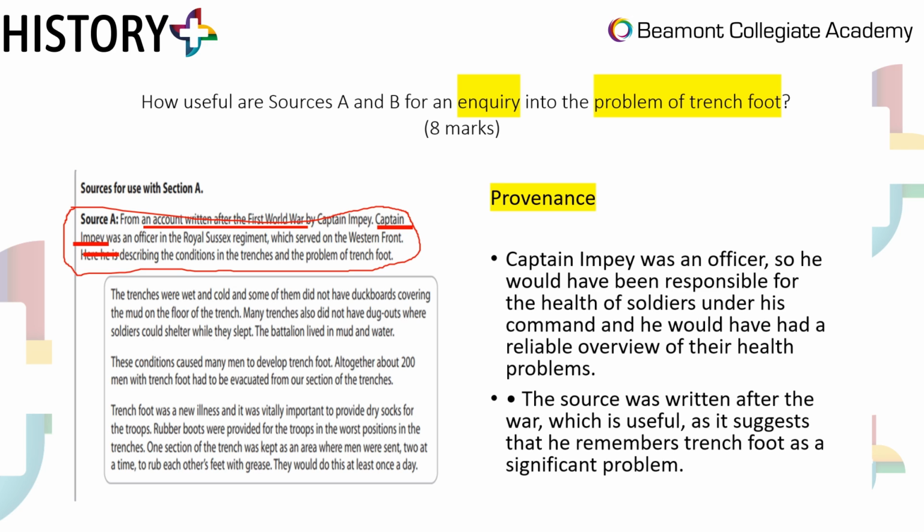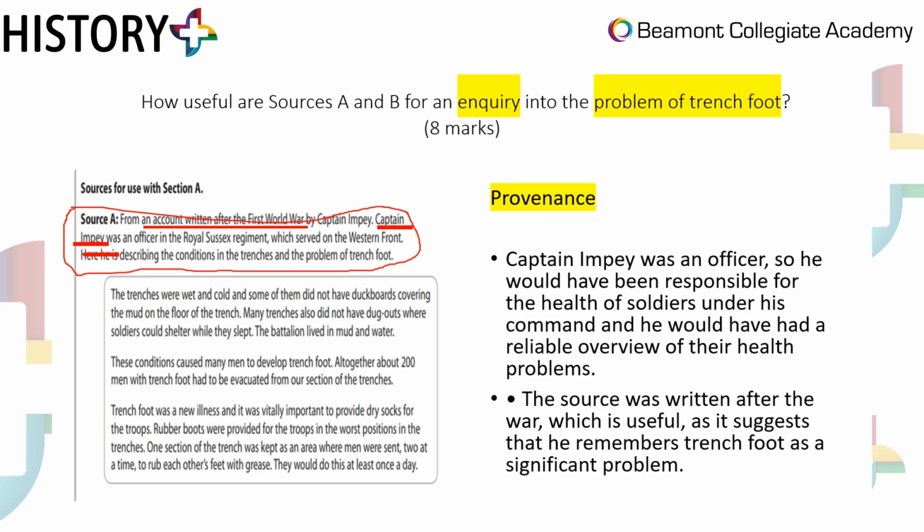So here, Captain Impey was an officer, so he would have been responsible for the health of soldiers under his command, and he would have had a reliable overview of their health problems. So he's also like a professional in his field. He's dealt with these problems firsthand, so he's likely to give an accurate account.